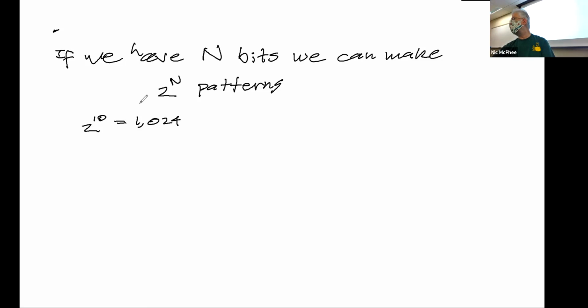Most adults know maybe a few thousand words, many of which they don't use very often. So with 10 bits, we're in the neighborhood of a vocabulary for an adult. 2 to the 20 is about 1 million.